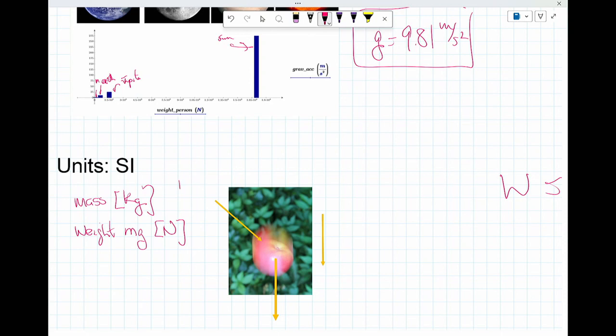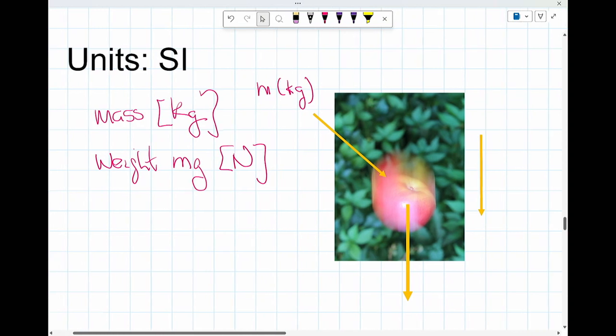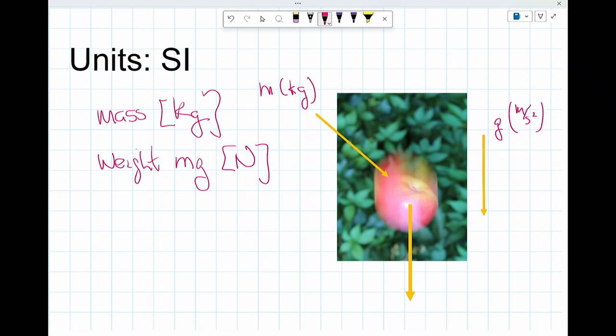So when I'm looking at a system like an apple that is falling, I have the mass of the thing, I have gravity in meters per second squared, and I'll have weight, which is mg in units of newtons.